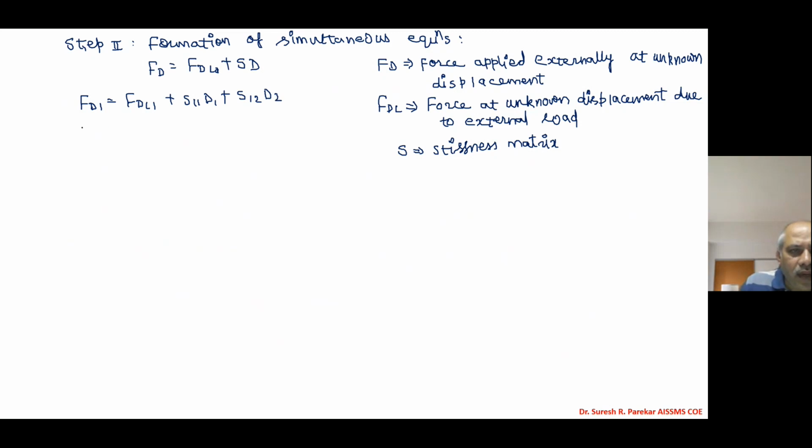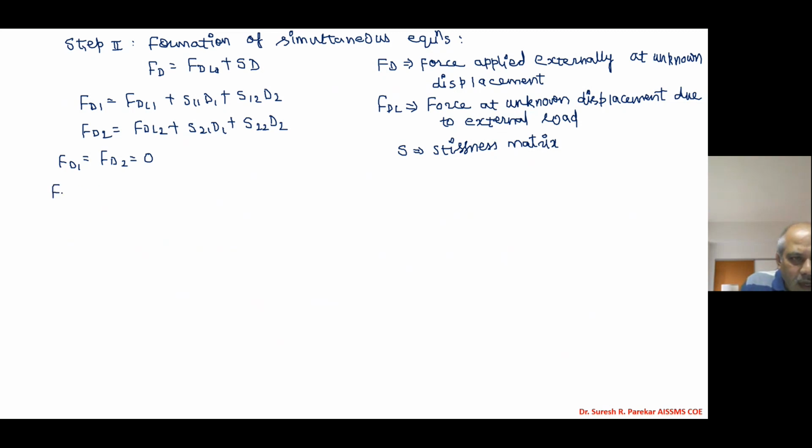And the second equation, FD2 is equal to FDL2 plus S21 D1 plus S22 D2. Now as there are no external loads directly at the unknown displacements, FD1 equals FD2 equals 0.